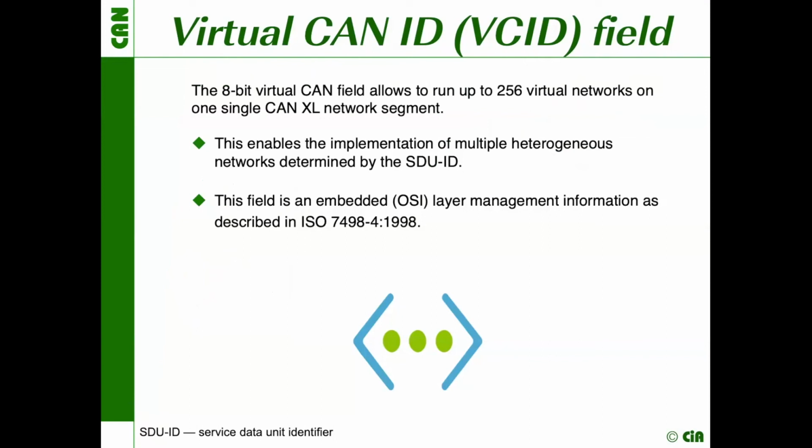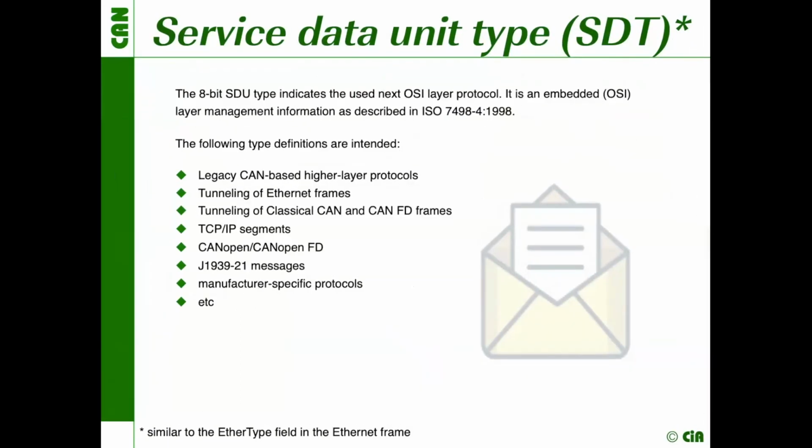That makes CAN XL useful also for backbone communication. So that means what I have today, maybe with my physical CAN cables, I can nowadays combine them onto the same cable. And we also introduce an additional identifier, the so-called service data unit type. This will indicate the protocol used in the CAN XL message. That could be either a legacy CAN-based higher layer protocol, or tunneling of Ethernet frames.